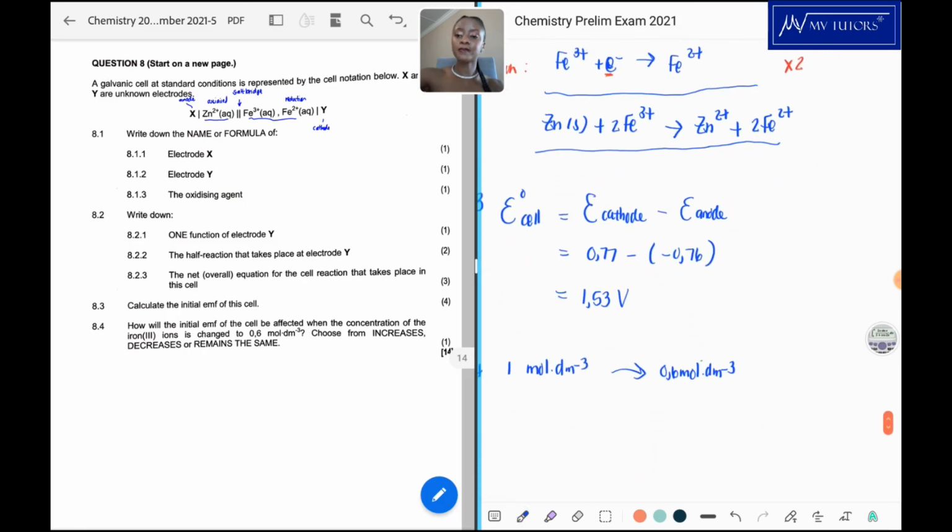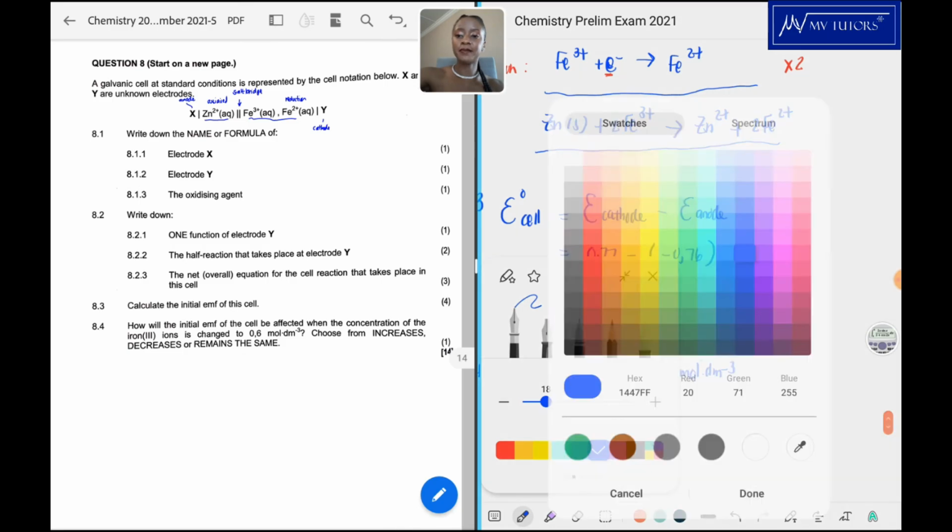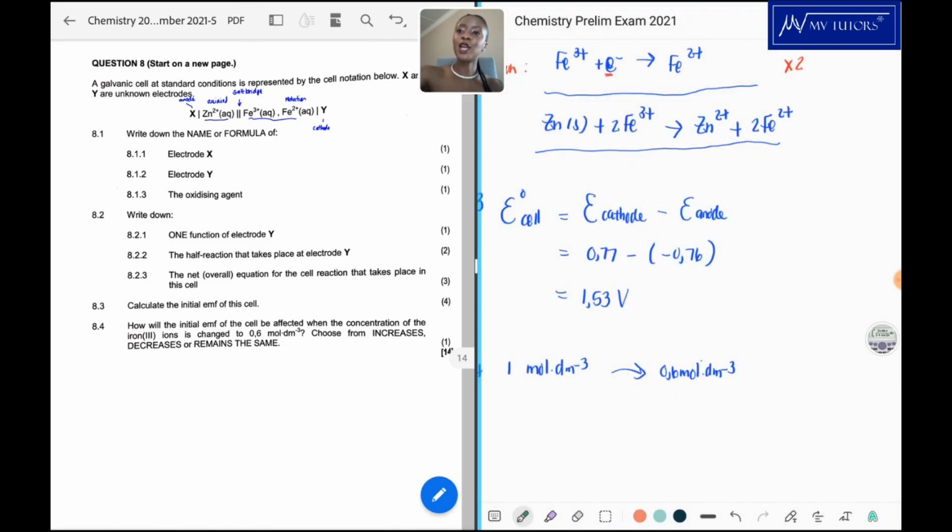So what do we do here? Okay, so the concentration of this reduced. Now what happens? According to Le Chatelier, on your reactant side, if there is a reduction of any of the reactants, for a new equilibrium to be reached, your reaction will be reverse, it will be reactant favored.